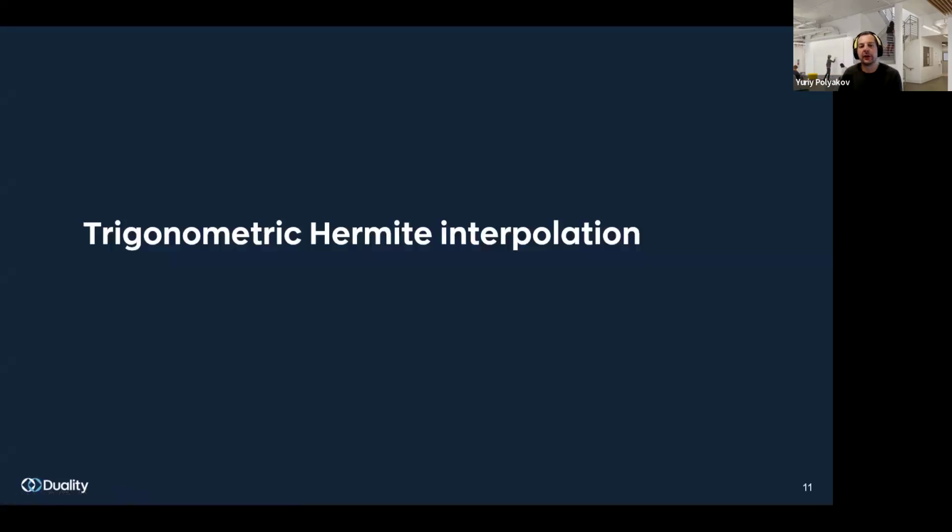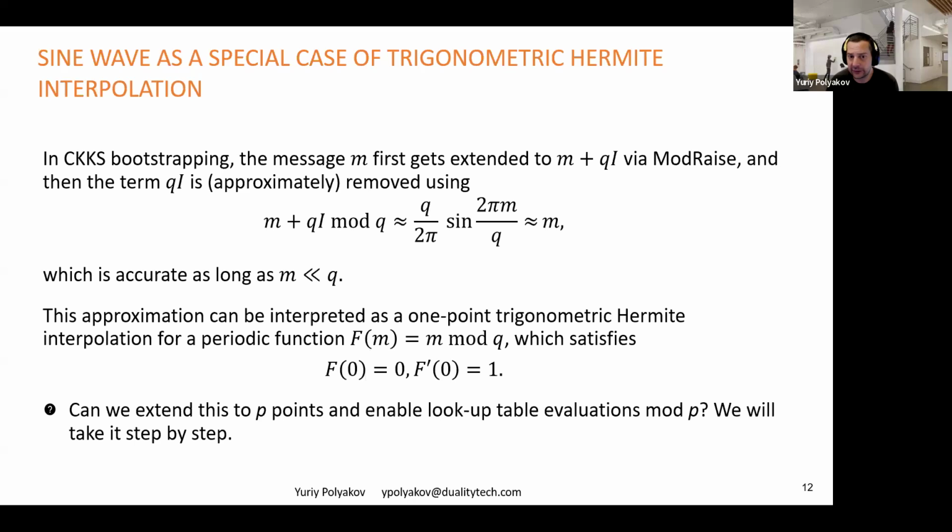Now we're going to talk about the trigonometric Hermite interpolation, which is the essential block in this scheme. Let's quickly refresh: what is CKKS bootstrapping? The main block of bootstrapping deals with the operation of modular reduction. When we take a certain small ciphertext, we increase it to a much larger modulus, and then we get something like m plus qi, and the goal of the next operation is to remove this qi.